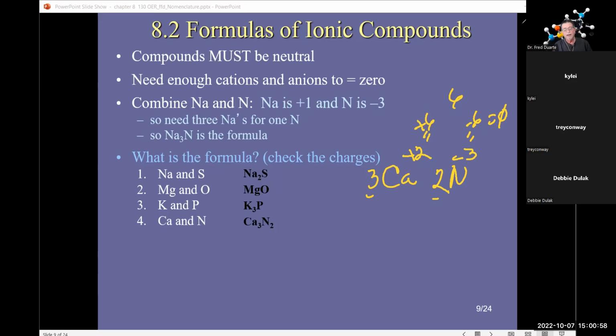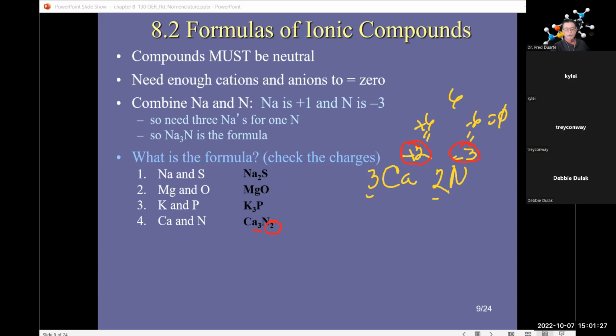If you look at the subscript of the anion, which is a 2, isn't that the oxidation number of the cation? And if you look at the subscript of the cation, that is the oxidation number of the anion. So you can use that to help you write the formula fairly quickly.